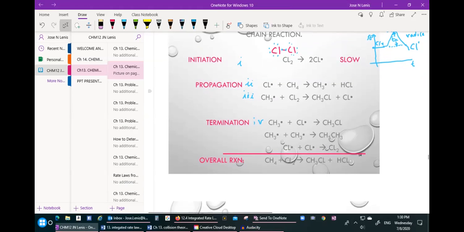When we add all these steps together, we should get the overall balanced reaction. So this reaction is the chlorination of methane gas, CH4 plus Cl2, to form CH3Cl plus HCl.